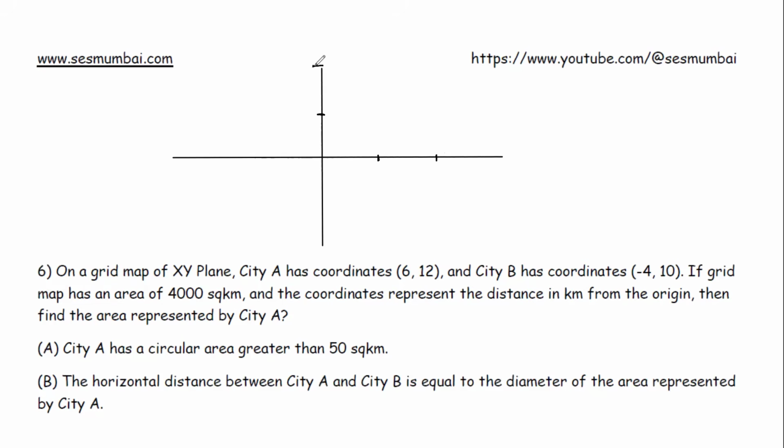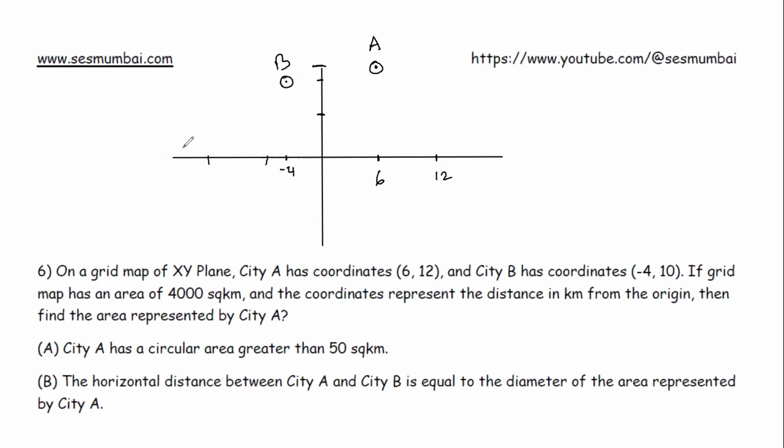So we have 6 here and 12 here. So this is our one point, and minus 4, 10. If this is my 6, 12, minus 4 is somewhere here and 10 is somewhere here. So this is city A and this is city B.